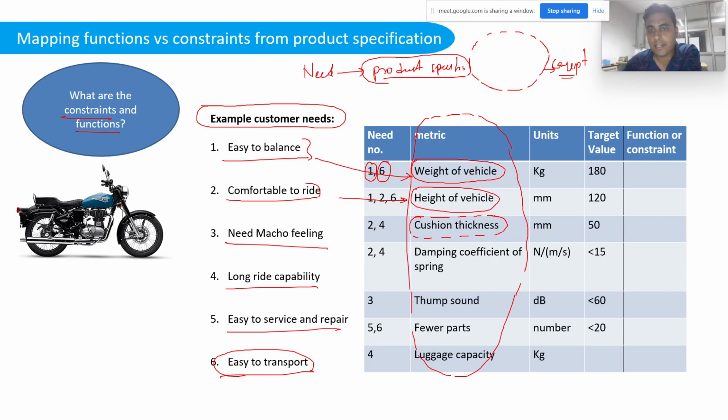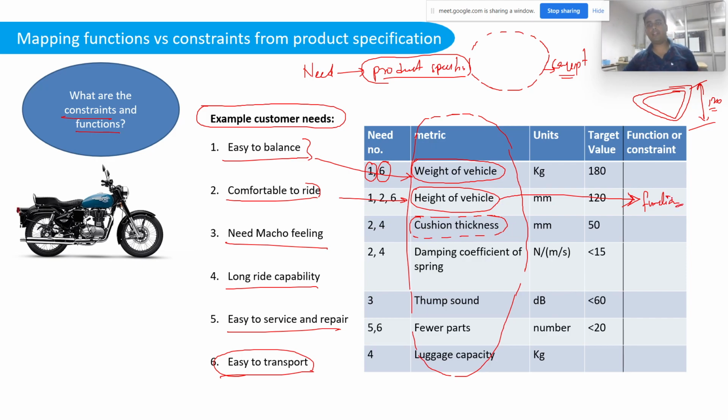A specification like height of a vehicle can be decided prior, at the conceptual level. We can design the frame in such a way that the vehicle height does not go beyond 120 mm. So this is something we can achieve through deciding on the height. So this is a function.